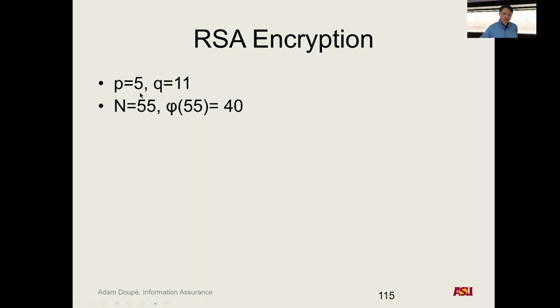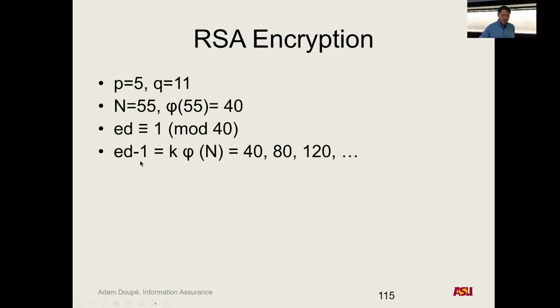Let's see two prime numbers. P is 5 and Q is 11, and N is 55. So we get the phi function, 40, right? 5 minus 1 times 11 minus 1 makes 40. The combined product of them. And ED is congruent to 1 mod phi, which can be converted like that: ED minus 1 is K times phi(n), starting with 1, 2, 3, 4.